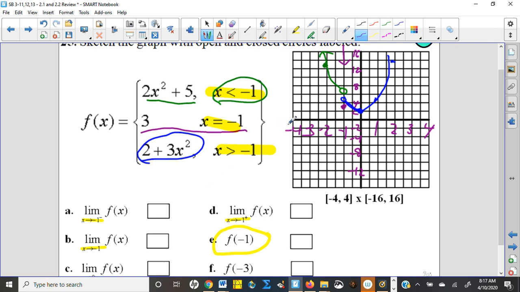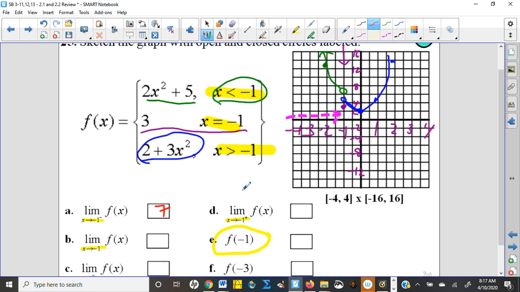It looks like as we approach -1 from the left, so I'm coming in this direction towards -1, our function is dropping down towards this point that we graphed, and we found that was at 7, didn't we? So that's going to be 7. The height is 7.